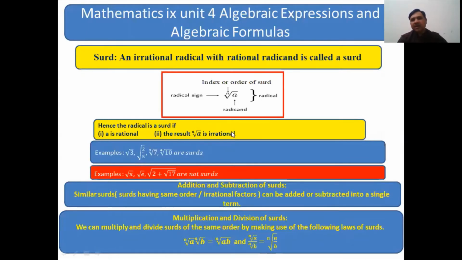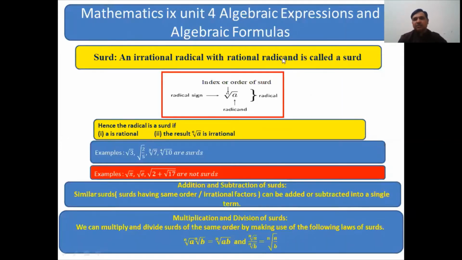So these are the two conditions: a radical will be a surd if the radicand is a rational number and the whole radical is irrational. So we can define a surd as an irrational radical with a rational radicand.